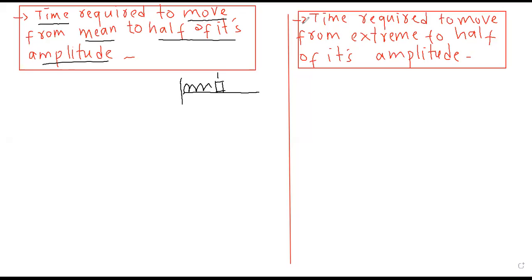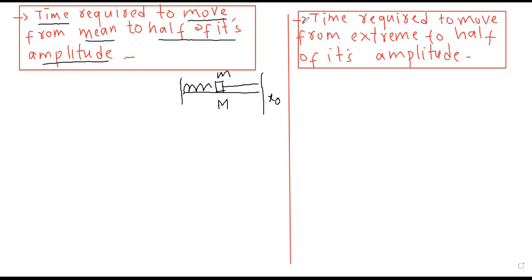Okay, so this one is a mass attached with the spring, and this is the mean position of this mass. We have to displace that mass to the extreme position. When the mass is displaced to the extreme position, it has a displacement represented as x naught, called the amplitude.